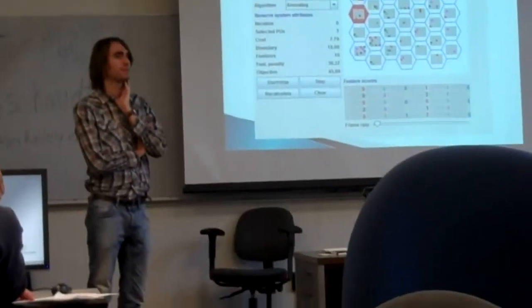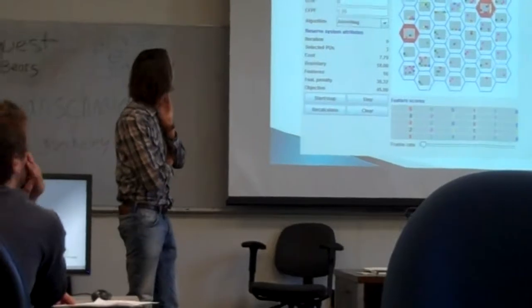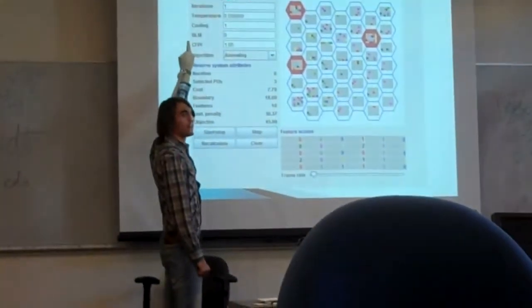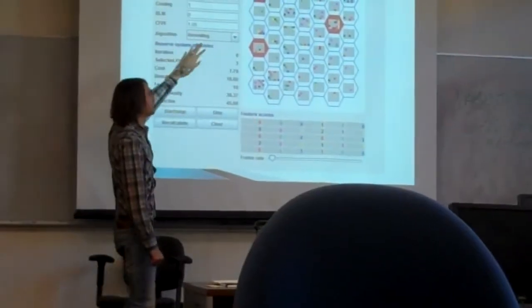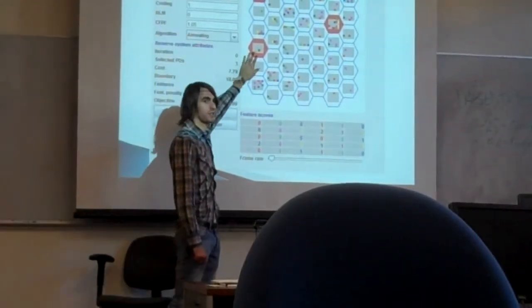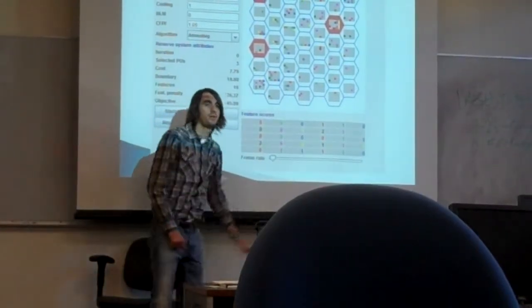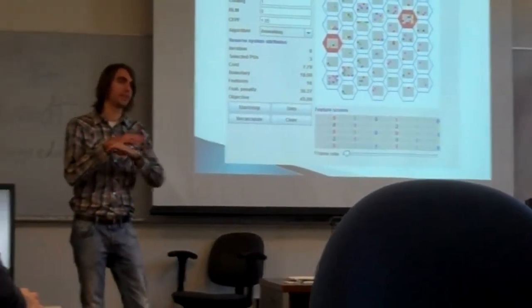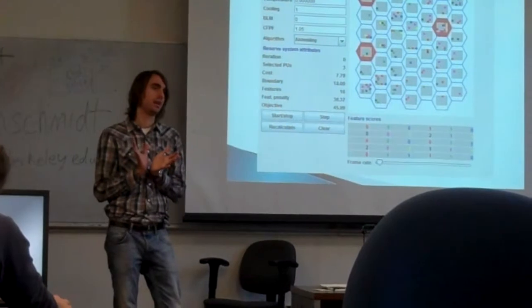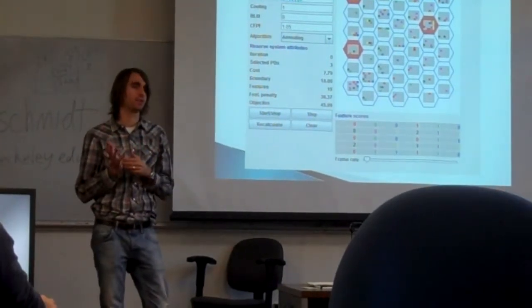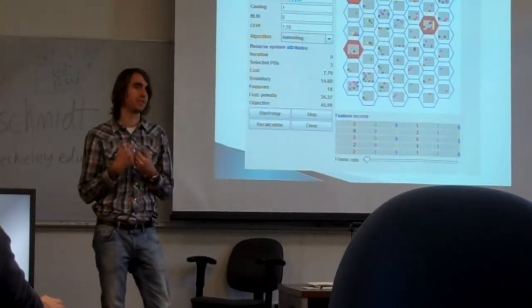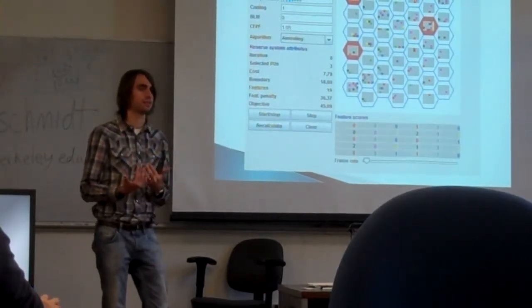So right now we have a boundary length modifier of 0, so it's not weighting connectivity at all. And this is just an example, so this is not a very good reserve design. But basically the way that it takes edge effects into account is just by assuming that perimeter is bad. And so it tries to minimize the length of boundary along the entire reserve. And that's a way of incorporating these edge effects kind of indirectly.